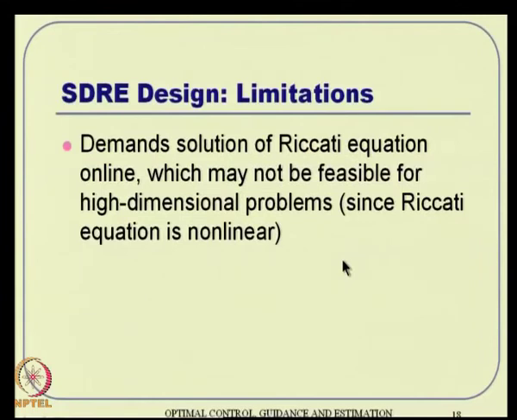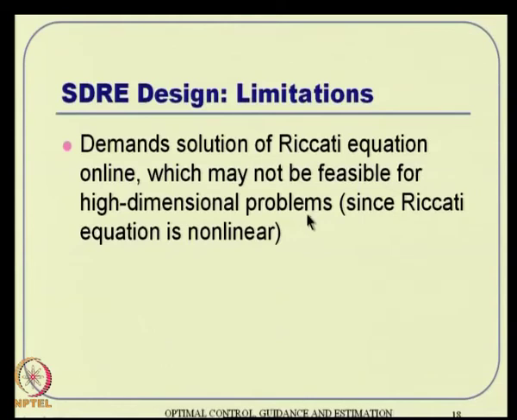Another limitation is it demands the solution of a Riccati equation online, which may not be feasible for high dimensional problems. That means, remember it is a nonlinear matrix equation, and it has multiple solutions. We have to select a positive definite solution, things like that. So, when the dimension of the matrix increases, the online solution becomes an issue. How big can the problem be?